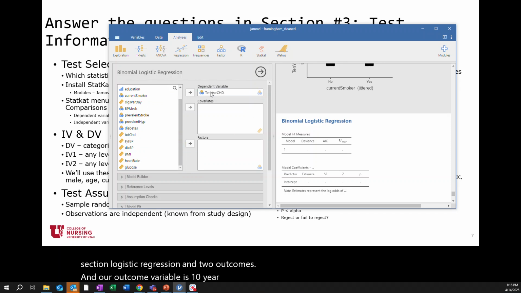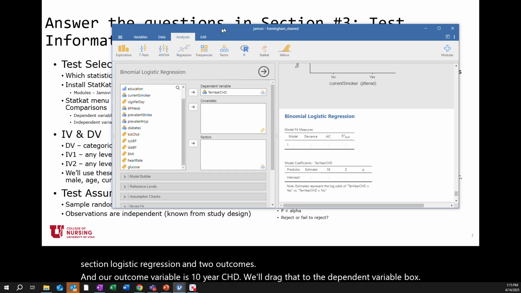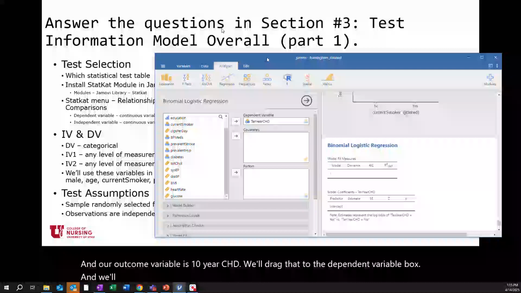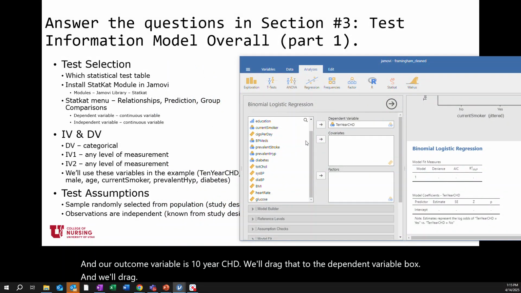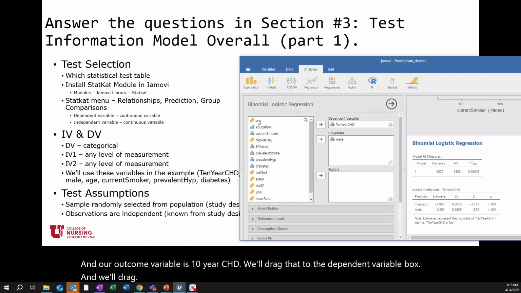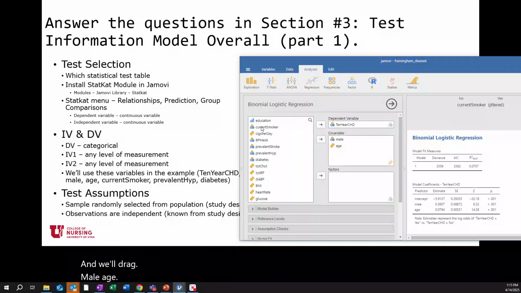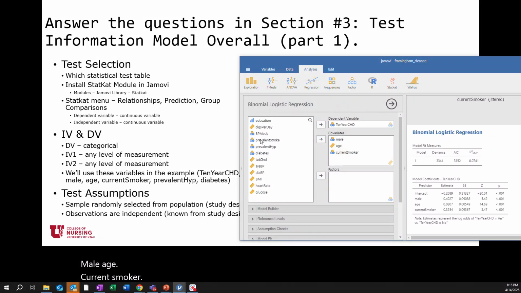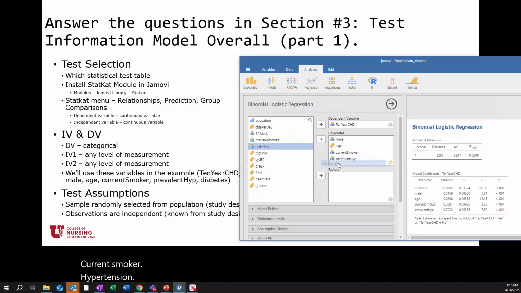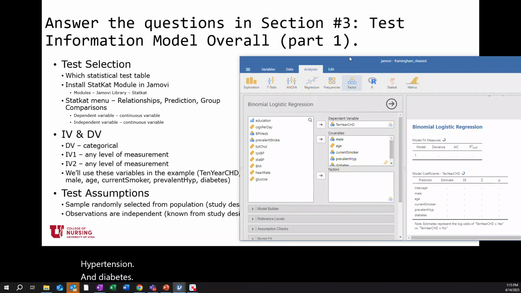We'll drag that to the dependent variable box, and we'll drag male, age, current smoker, prevalent hypertension, and diabetes over.